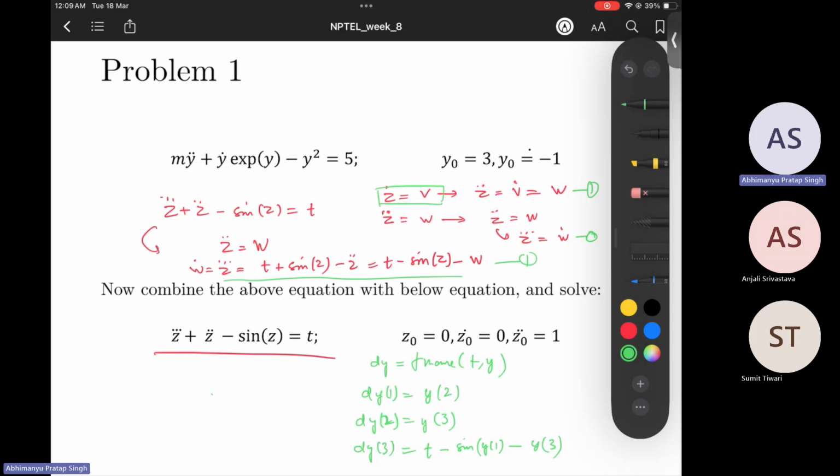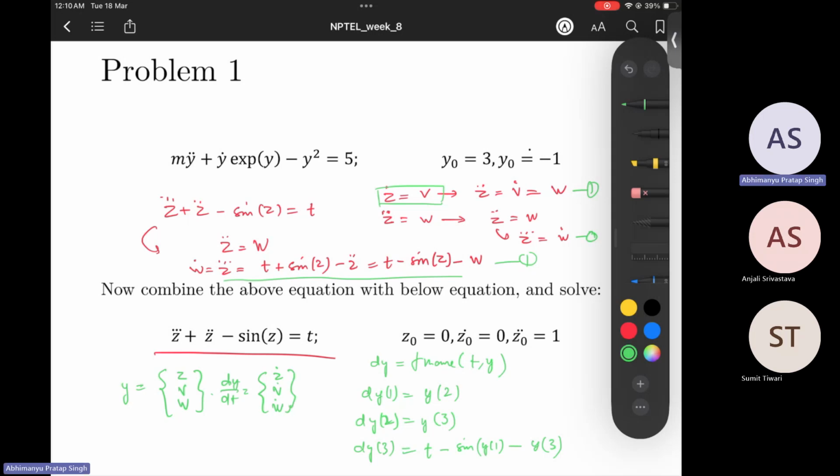So what I have done is my y vector is basically z, v, and w. So I have three unknowns, and my dy by dt is z dot, v dot, w dot.